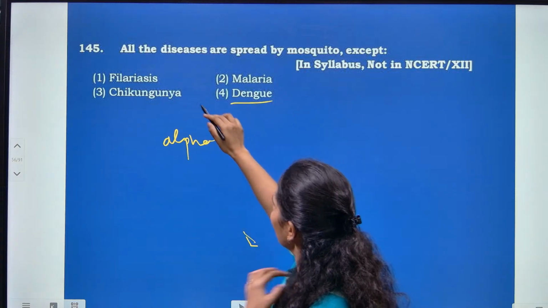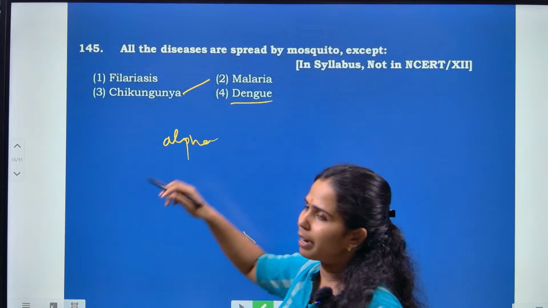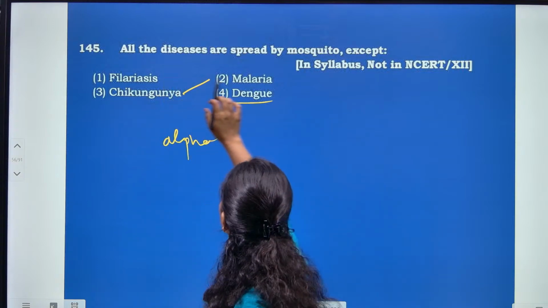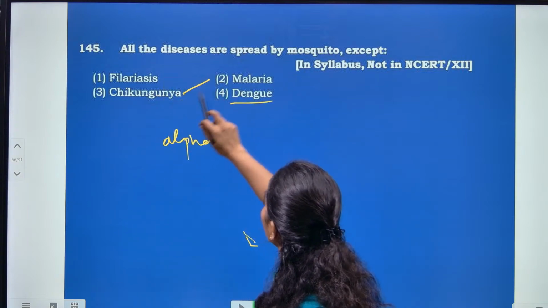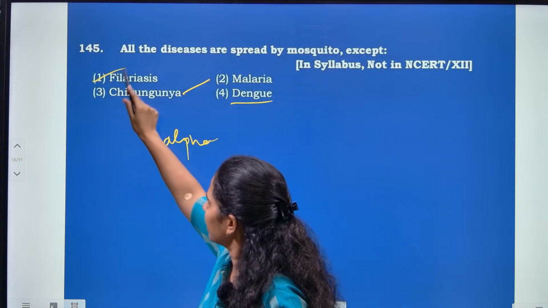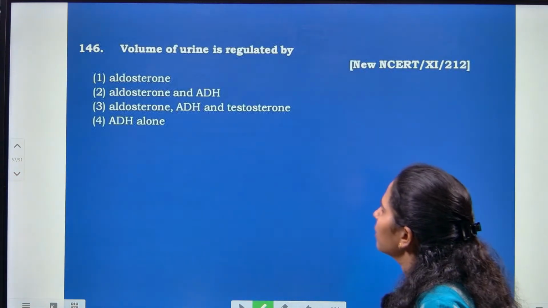These three, chikungunya, malaria and dengue, are spread by the mosquito as a vector, but filariasis is the exception.